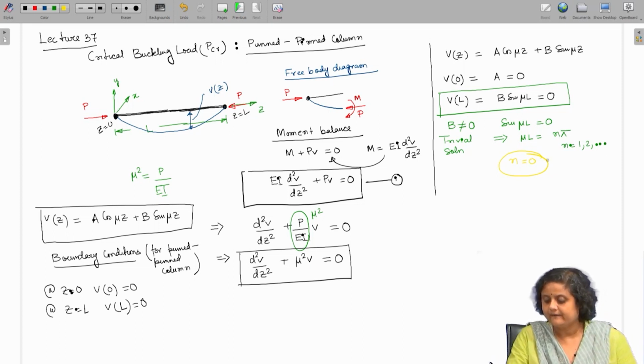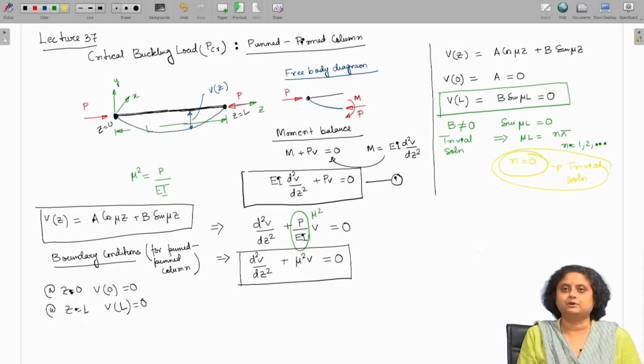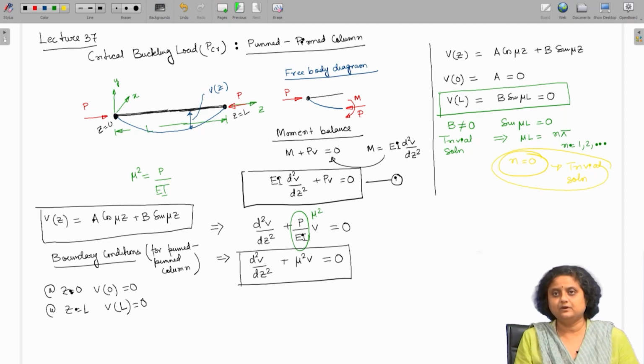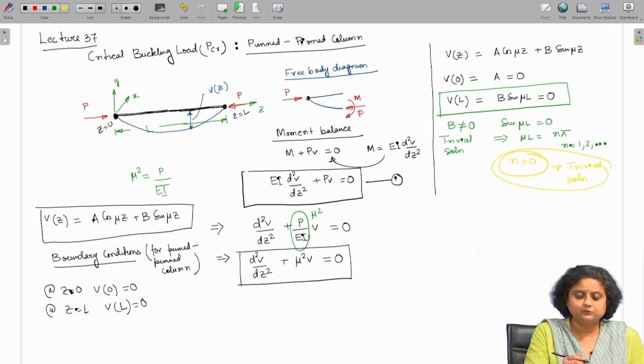So, n equals to 0 is also going to give us a trivial solution, and that is also not acceptable. Therefore, n cannot be equal to 0. So, the acceptable solution is that n equals to 1, 2, 3 up to an infinite number of integers.